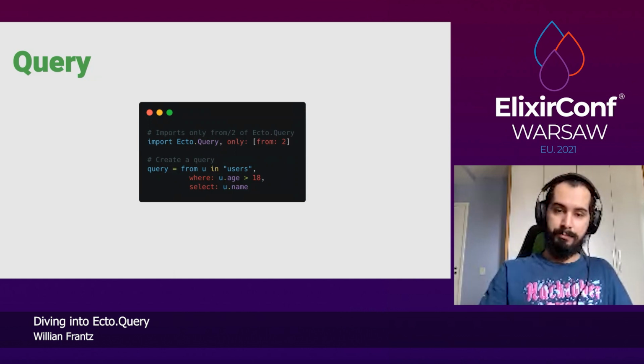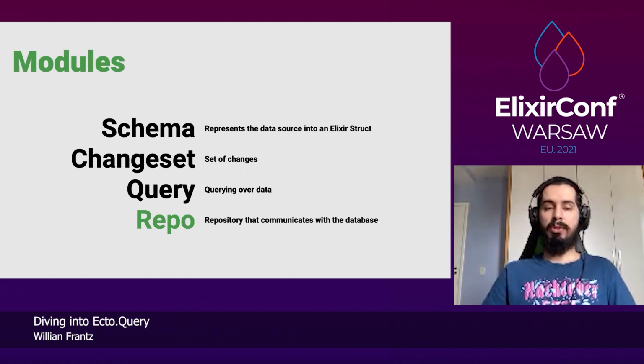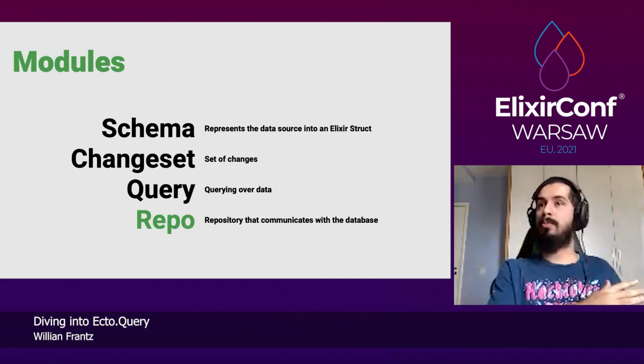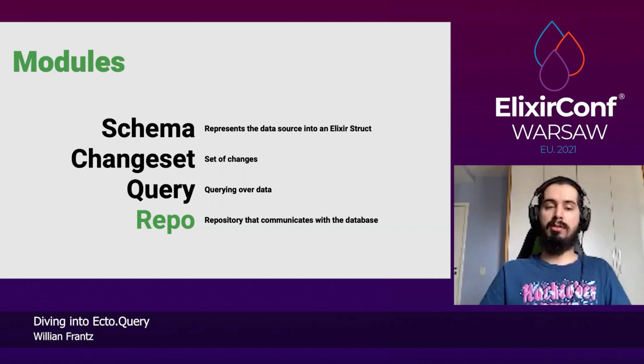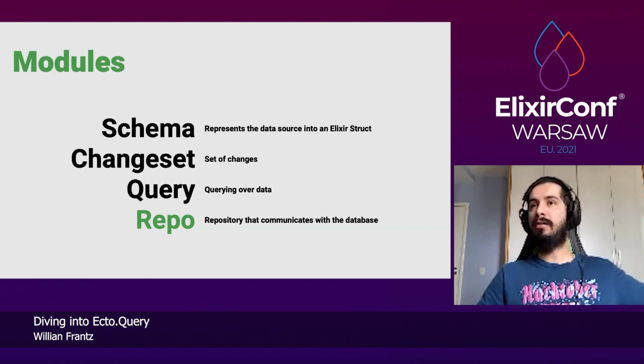And we have the repo, which is the repository that communicates with the database. So nothing that we saw previous to that, the other modules, Schema, Changeset, Query, none of them actually hits the database.